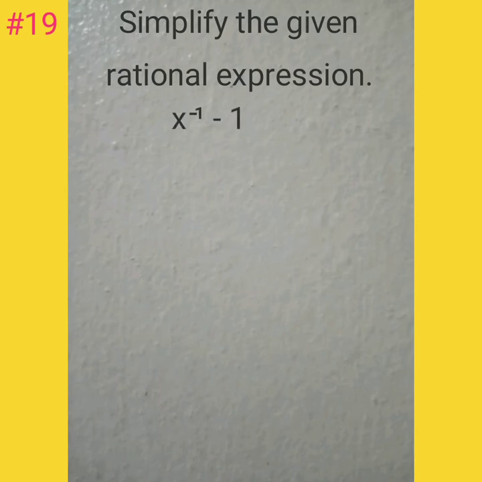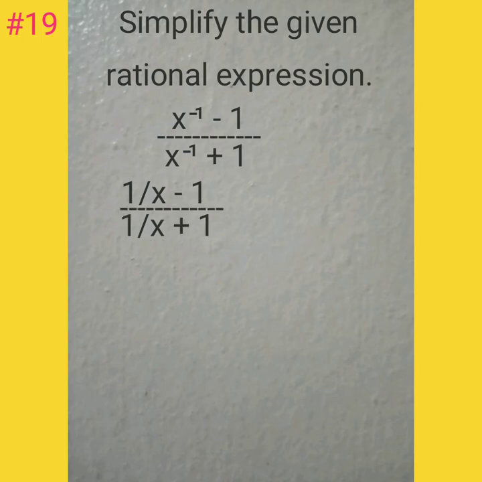Simplify x⁻¹ - 1 all over x⁻¹ + 1. x⁻¹ - 1 can be 1 over x minus 1, while x⁻¹ + 1 can be 1 over x plus 1.